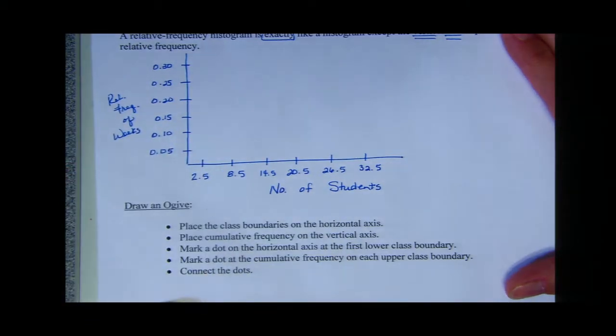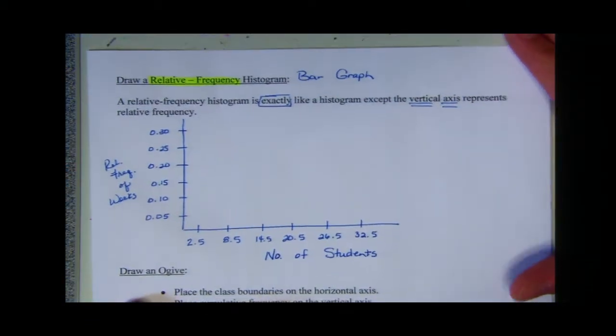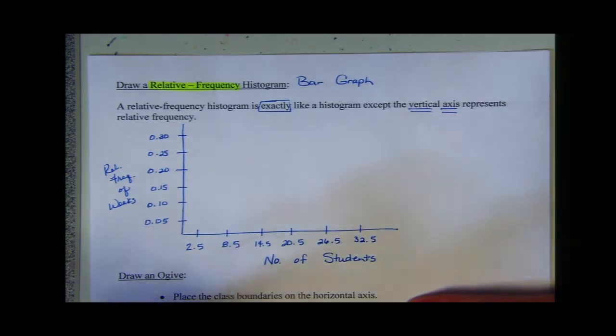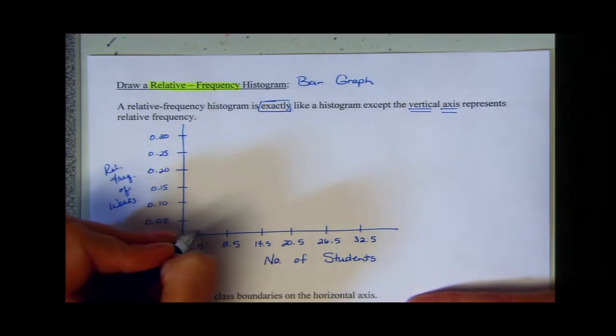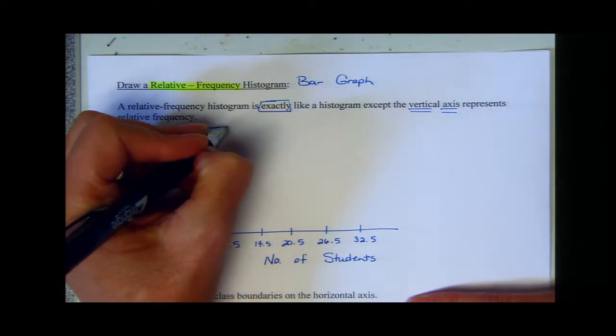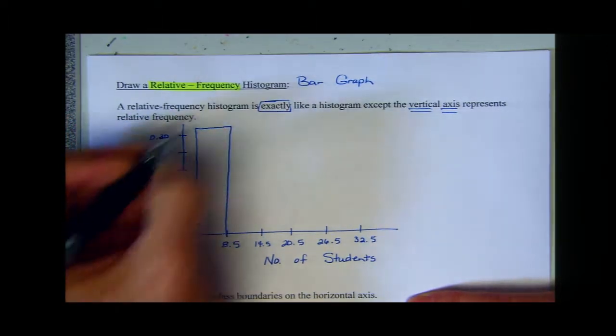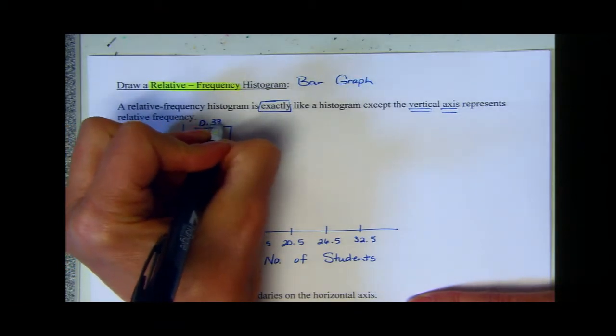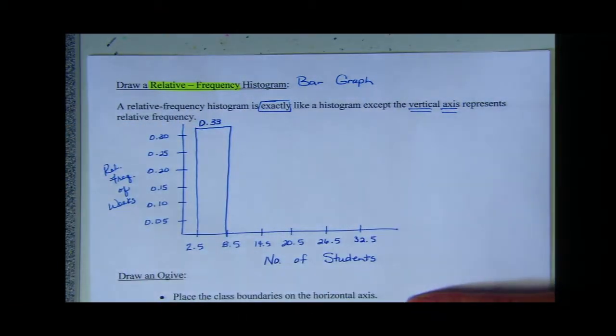And the first bar, oops, I'll pull that down. Sorry about that. The first bar was 0.33, so I'll go a little above that. And then we have 0.3.